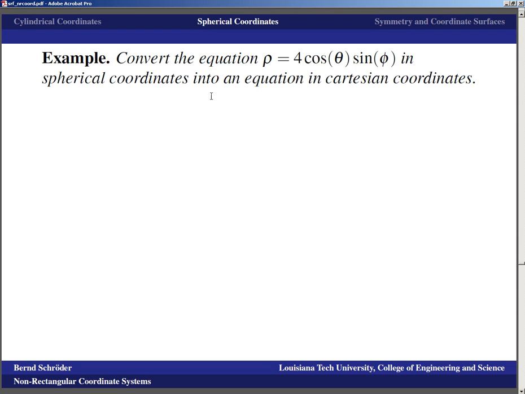Now, we can also convert equations from one coordinate system to another. So, for example, I can convert rho equals 4 cosine theta sine phi in spherical coordinates into an equation in Cartesian coordinates. Again, just remember what spherical coordinates are.